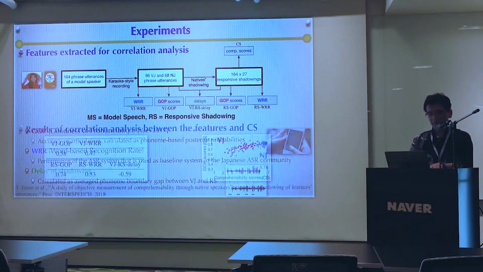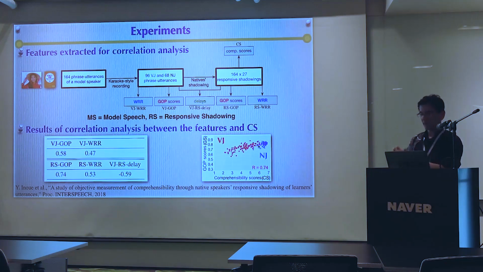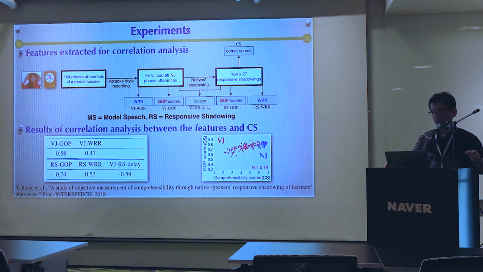The red dots are the Vietnamese Japanese results, comprehensibility scores rated subjectively by shadowers, against GOP shadowing scores. The blue dots are native Japanese, native speakers shadowing native utterances. Even in this case, shadowing performance is sometimes very poor.